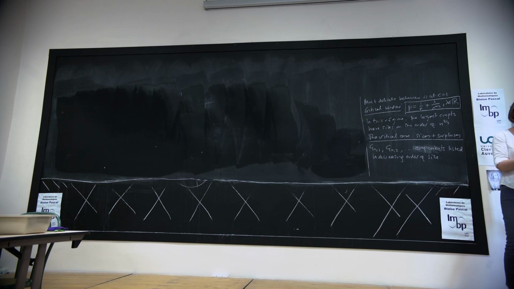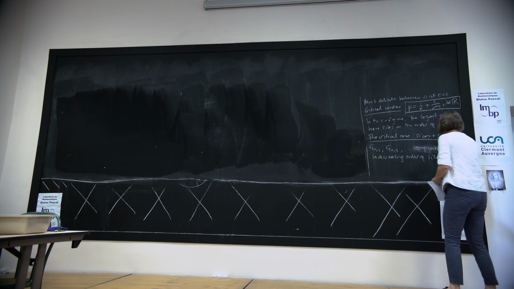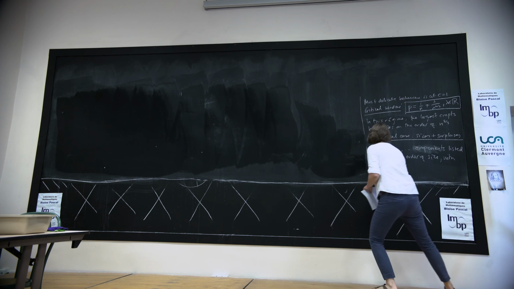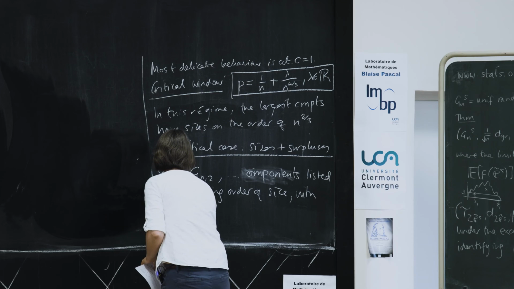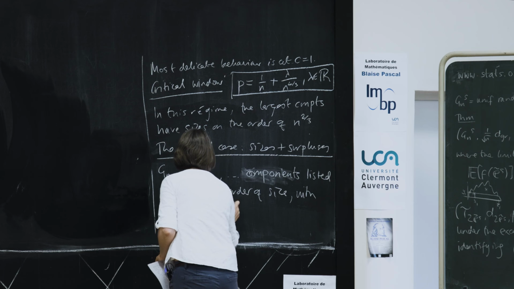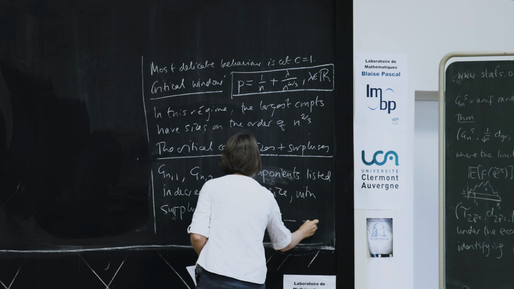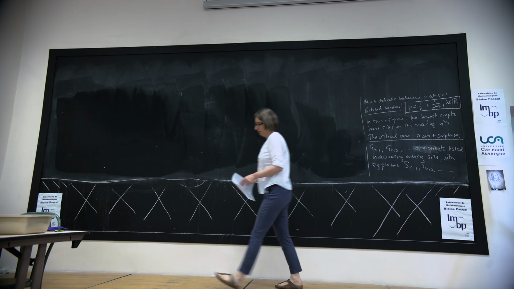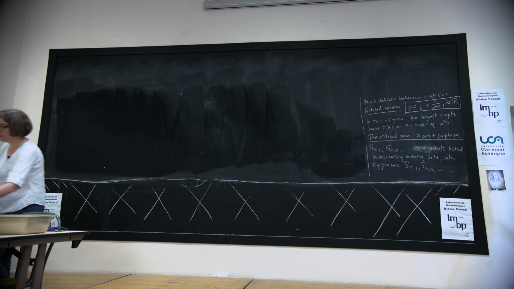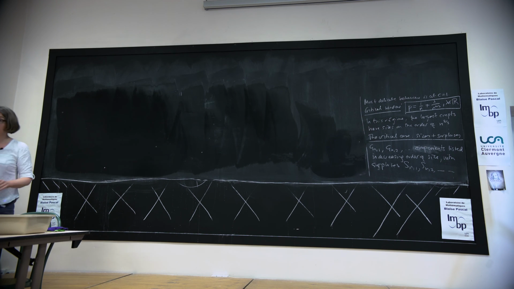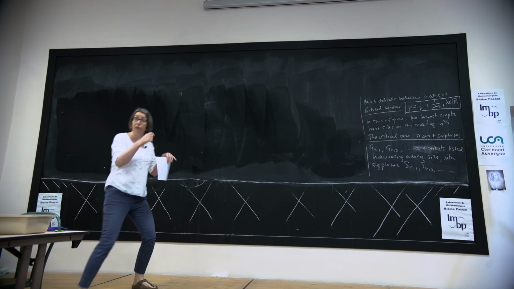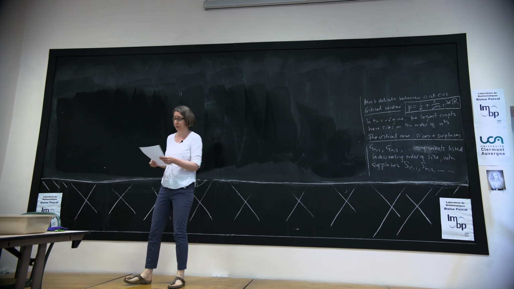Each of these is a connected component, and it's got some surplus greater than or equal to 0. So let me list the surpluses in the same order as the components: S_n^1, S_n^2, and so on. There's no reason why those surpluses should themselves be in decreasing order. They're just the surpluses that go with those particular components.